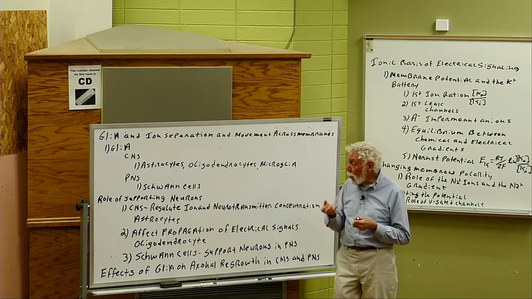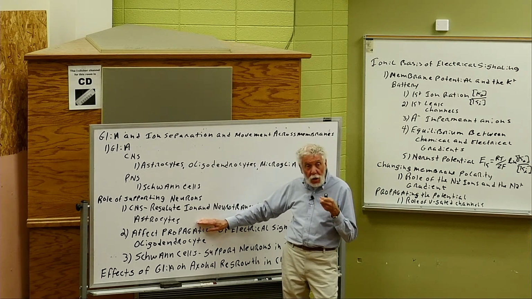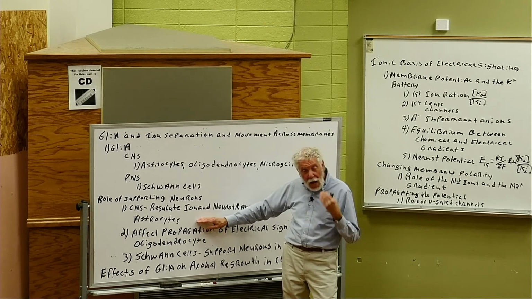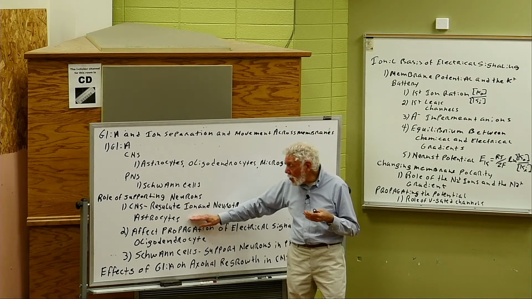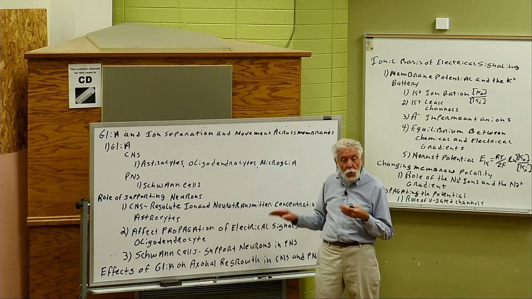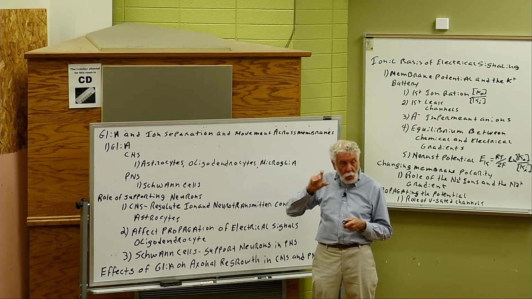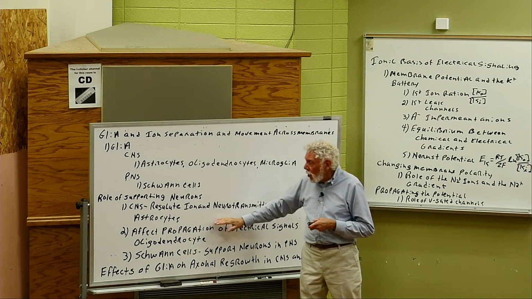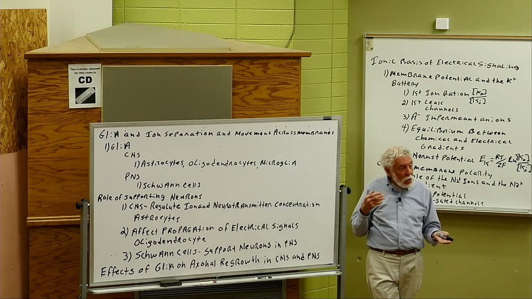So one of the important roles of the astrocytes is to make sure those neurotransmitter concentrations don't get too high, that we suck the neurotransmitter out of those synapses. At the same time, the astrocytes are making sure the potassium and sodium concentrations are maintained in a particularly narrow range.